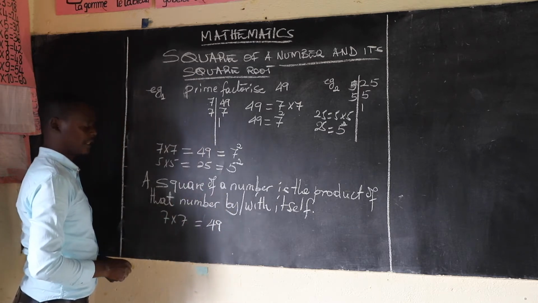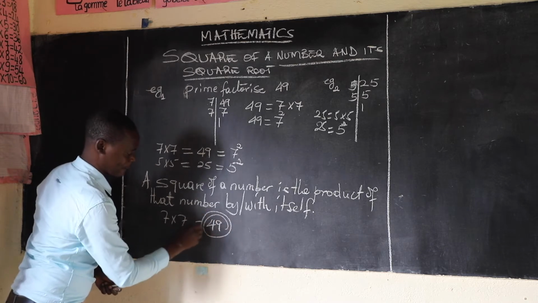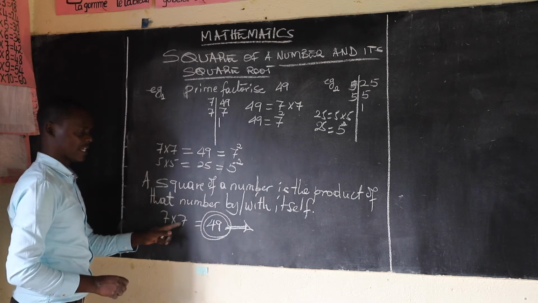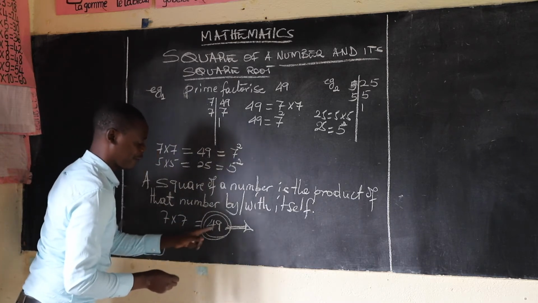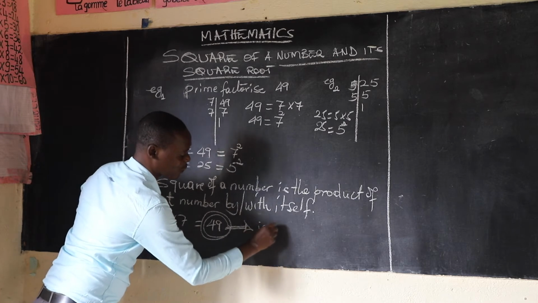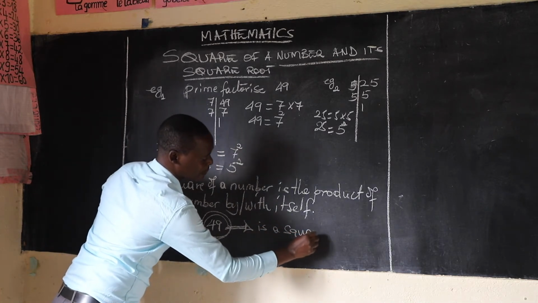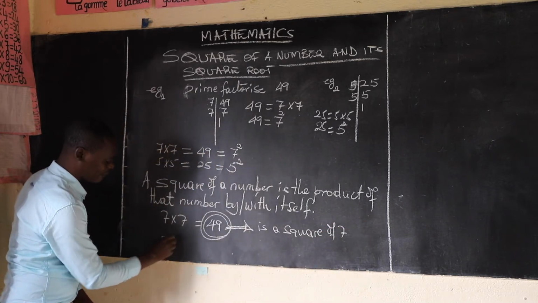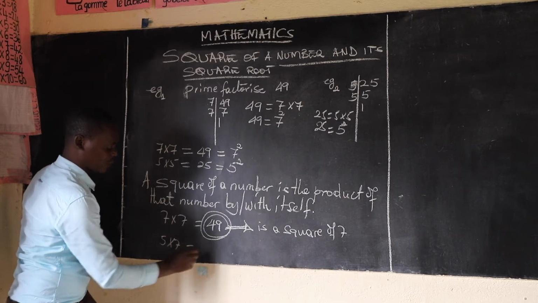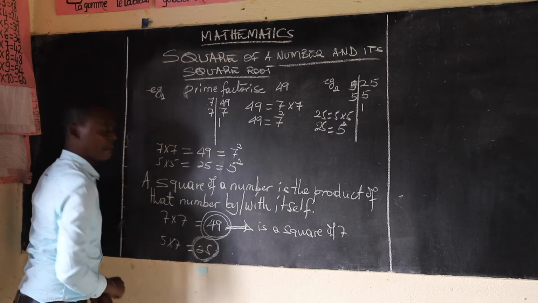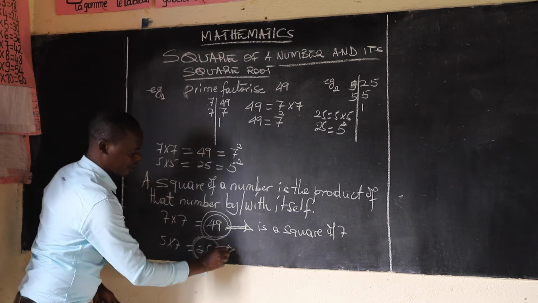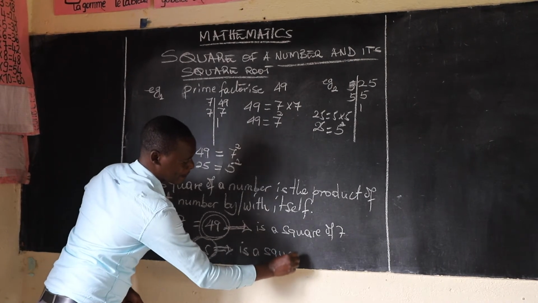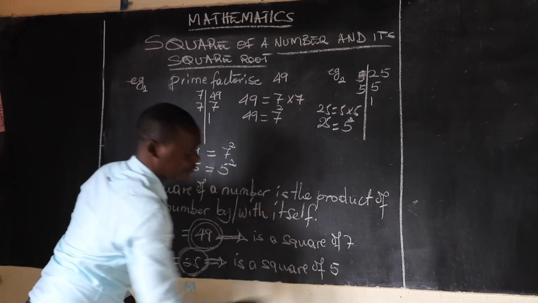This is to mean that 49, as the product of 7, is the square of 7. 49 is a square of 7. Having 5 times 5, which gives 25, my 25 is a square of 5.